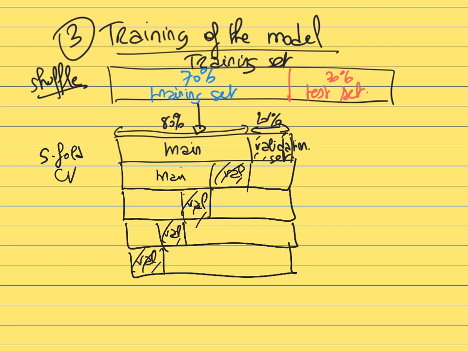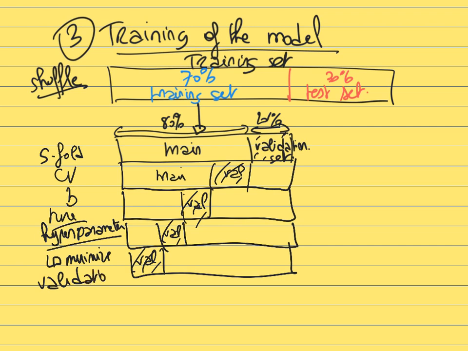So you will get an average score for the validation set, an average RMSE for the validation set, but also you will get a standard deviation. Those 2 pieces of information can help you to tune the hyperparameters. This is the step where you will tune the hyperparameters of your models. Your goal when you tune the hyperparameters is to minimize the validation set error and also to minimize the standard deviation of the validation set error.